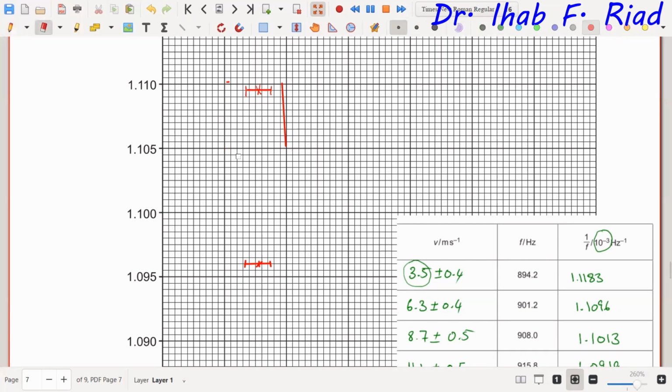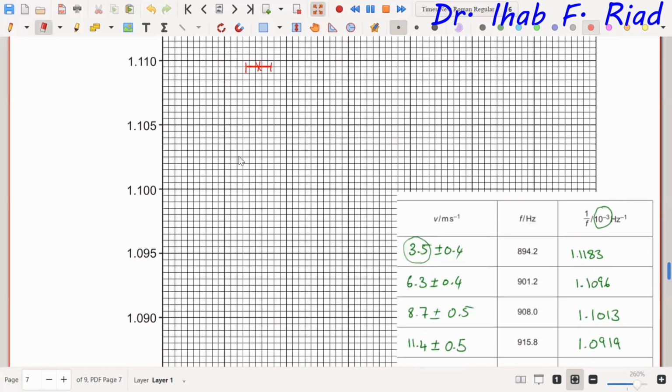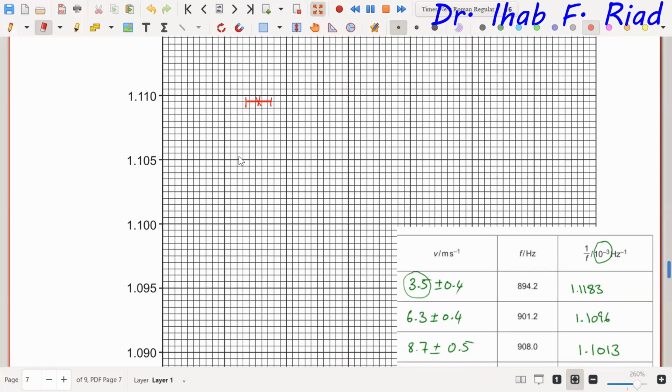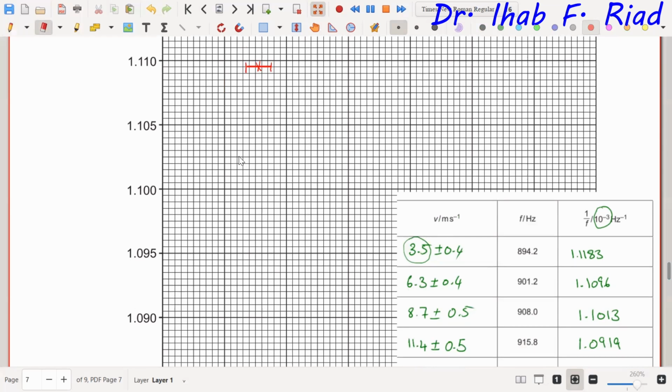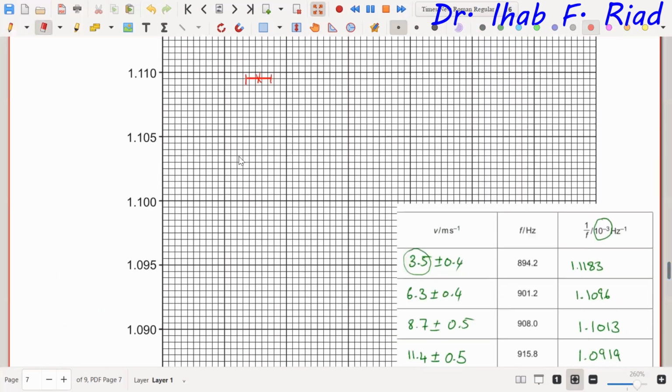Okay, be careful. What else? 8.7 and 1.1013. 8.7 is 8.5 steps from 7. This is 7, we are going to count 8.